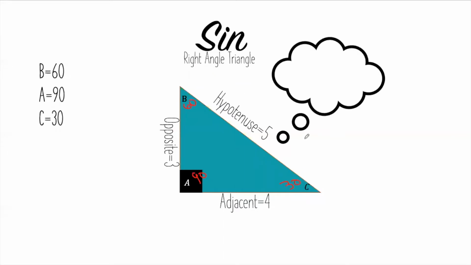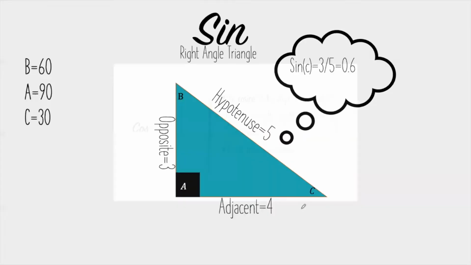So we want to find sine C. Well, the formula was opposite over hypotenuse, right? So the opposite is 3 and the hypotenuse is 5. I'm not going to simplify that into a decimal, so sine C is equal to 3 over 5. Let's see. Yep, we were correct.